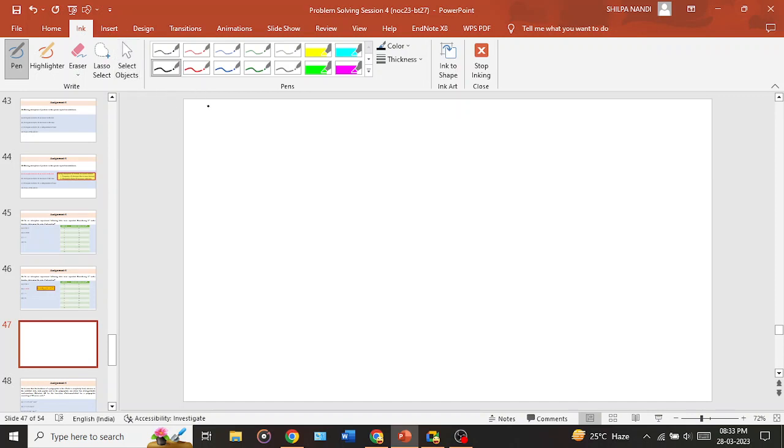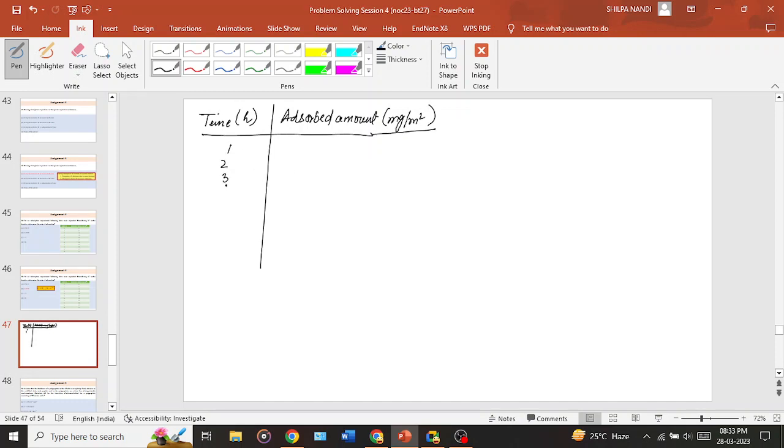So according to the table, I will draw the table. Time is given and your adsorbed amount of protein is also given in mg per meter square. So 1, 2, 3, 4, 5, 6, 7, 8, 9 and 10.